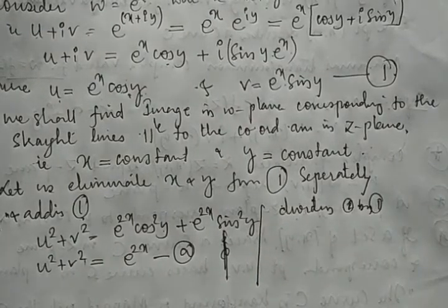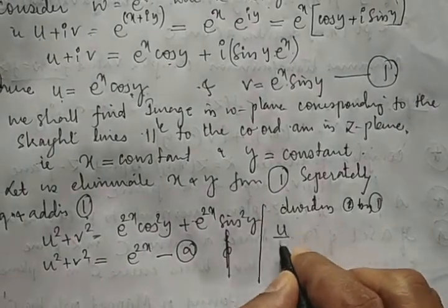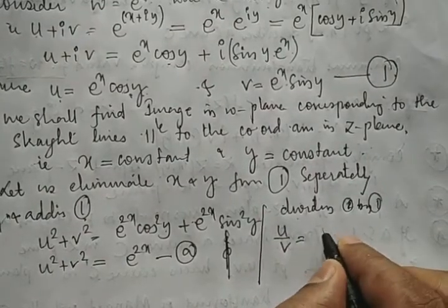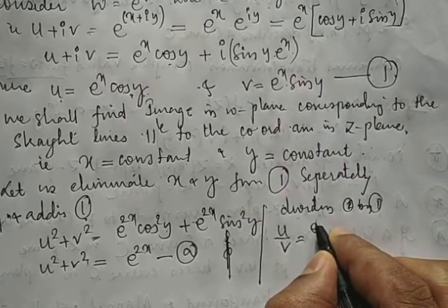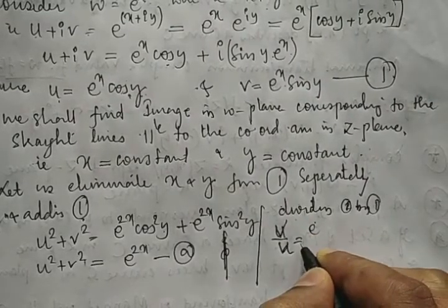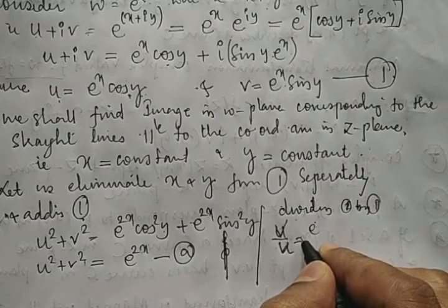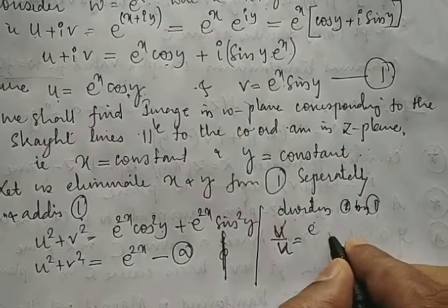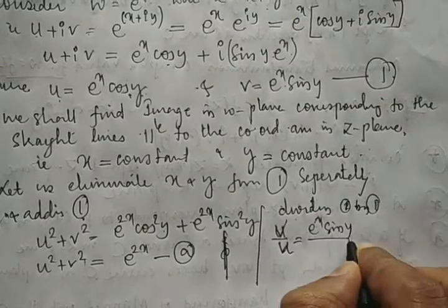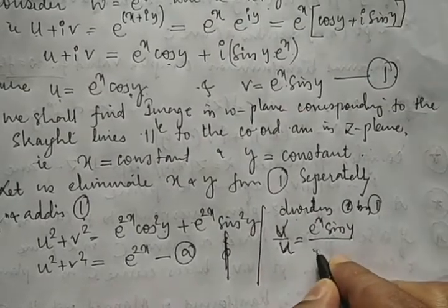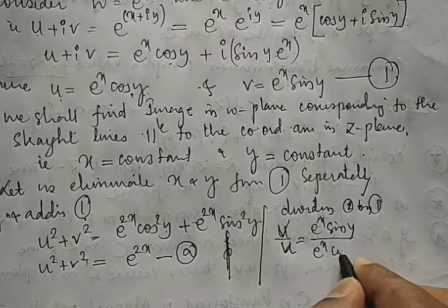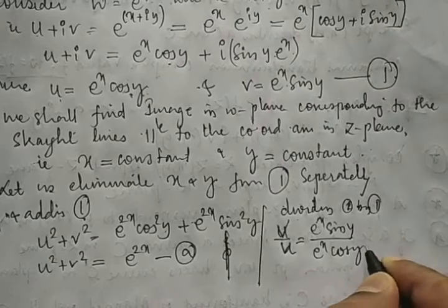If we divide the equation, then we will be getting v by u is equal to e raised to x into sin y divided by e raised to x into cos y.